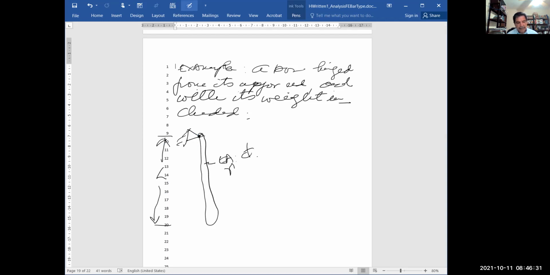Okay, so let's start by doing something a little bit more complex than what we have done. Now, instead of seeing it like this, let me rotate it and see it like this. I hope there is no problem with this. So this is the same, but now the weight is pointing to the right.